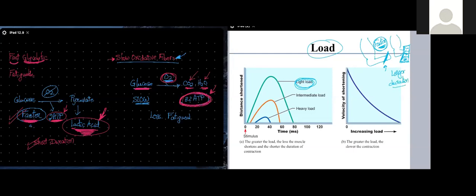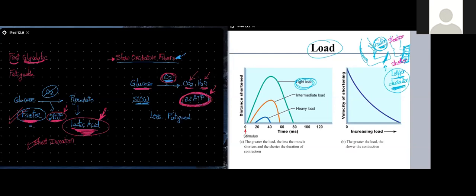So the muscle contraction here is going to be affected by the load. If you are dealing with a light load, like a pencil, the contraction of the muscle is going to be much faster and for a longer duration, compared to if you are moving a heavier load, like your textbook, for example. You're going to be much slower and you can contract the muscle for a shorter period of time.